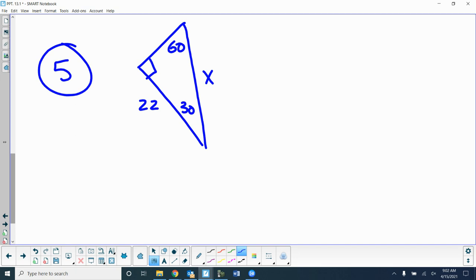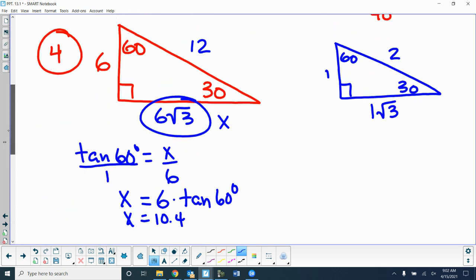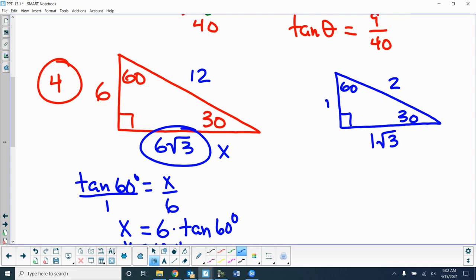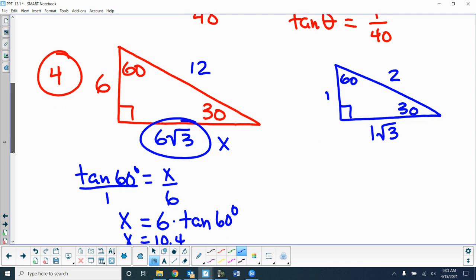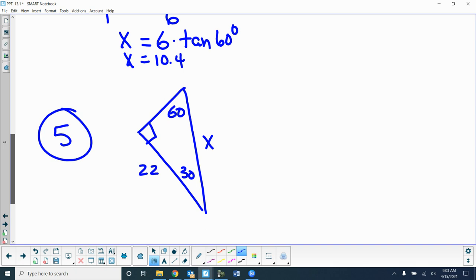Again, it says use a trig function, but this is the long leg. On number 4, I took the short leg and multiplied by the square root of 3 to get the long leg. Now I know the long leg, I'm going to get the short leg. So what do I do to go the other way? If I go this way, multiply by the square root of 3, what do I do to go this way? Divide by the square root of 3. Okay? So this would be 22 divided by the square root of 3.